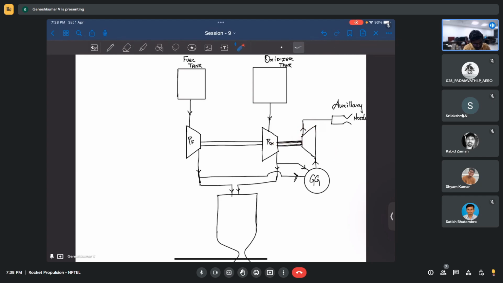Okay, and you should note that if the turbine has to operate, what is required? What does a turbine do? It expands the flow and extracts work from the flow. So what is the energy conservation happening here?